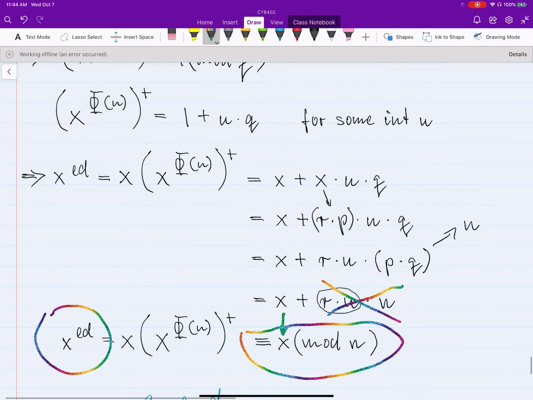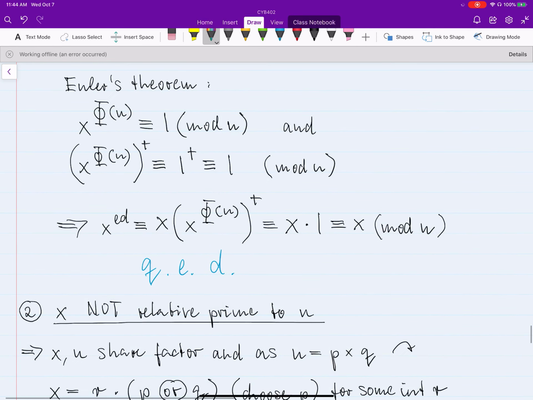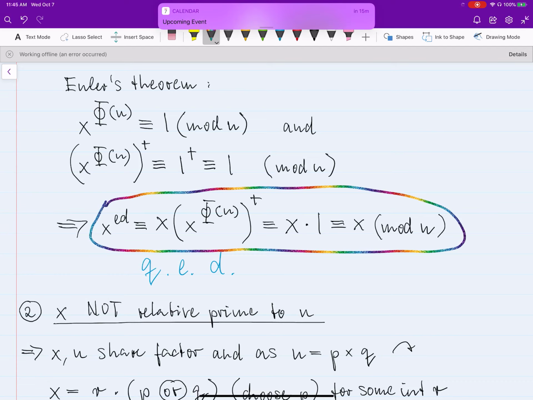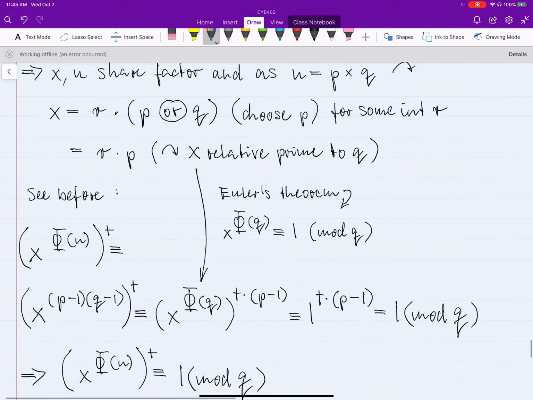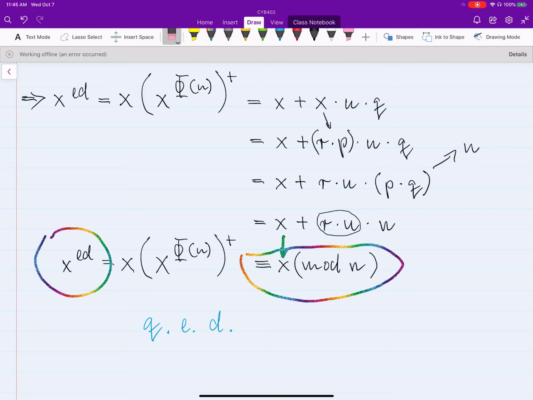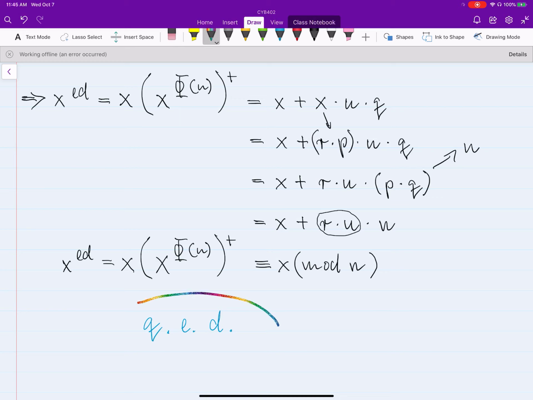So we arrive, not surprisingly, at the very same result that we got above, where x was relatively prime to n, except that here in this second case, we needed to jump through a few additional hoops in order to show that the same premise that we had before also holds. So this concludes our quod erat demonstrandum, what we needed to prove. This concludes our proof of correctness of RSA.